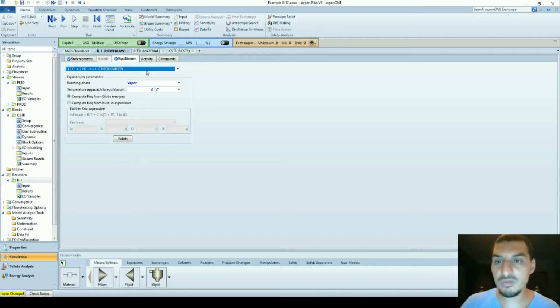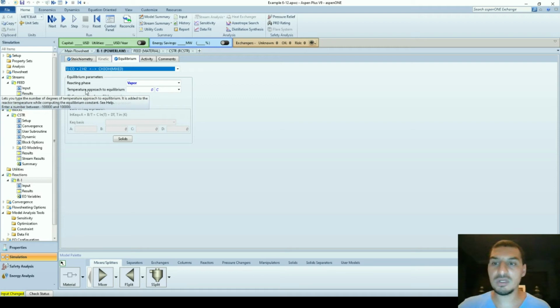And for the equilibrium, you can find the three reactions here, and you mention which phase you want the reaction to take place in. So we're gonna go for vapor phase reaction, and here it gives you an option to put a temperature approach to equilibrium. It says here that it's added to the reactor temperature while computing the equilibrium constant.